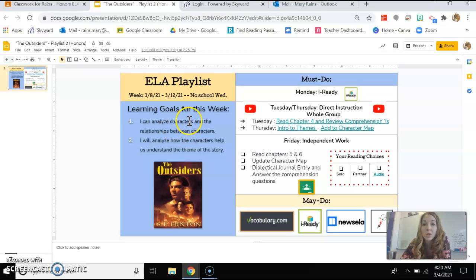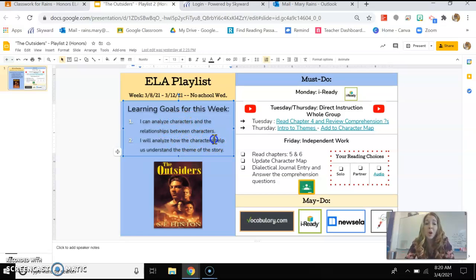So we're still continuing to look for characters and the relationships that are forming between them. And if the relationships change throughout the story, is there something that happens that makes the relationship different?